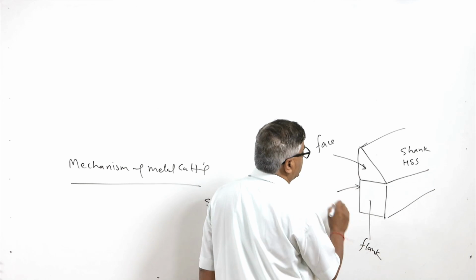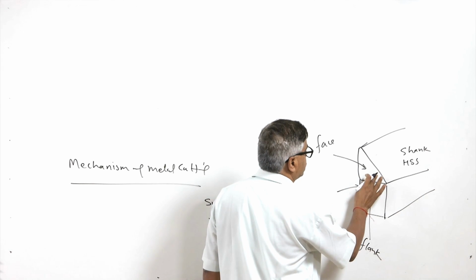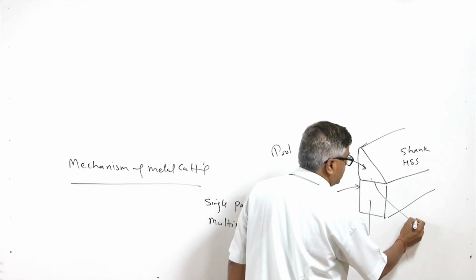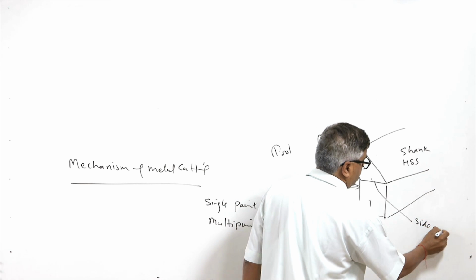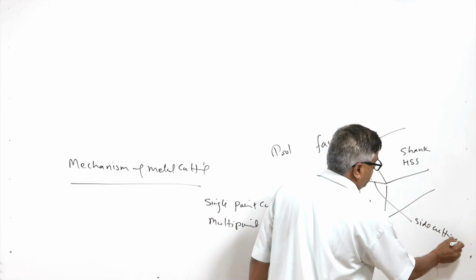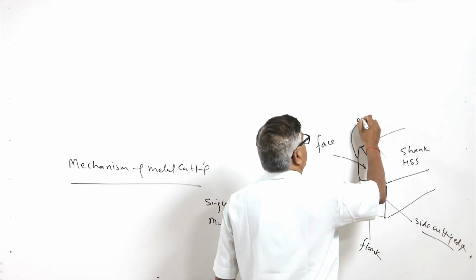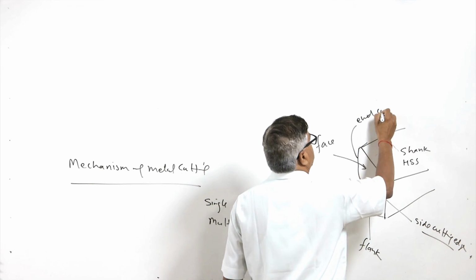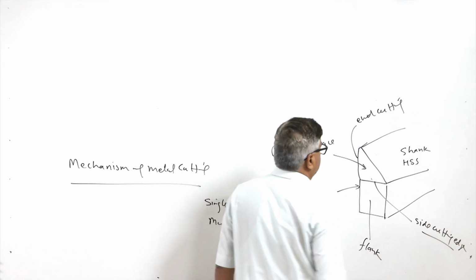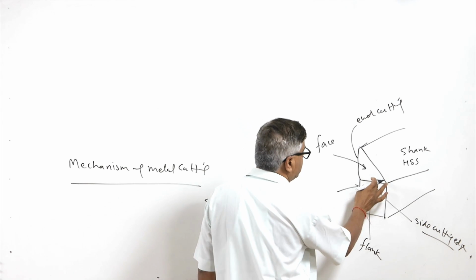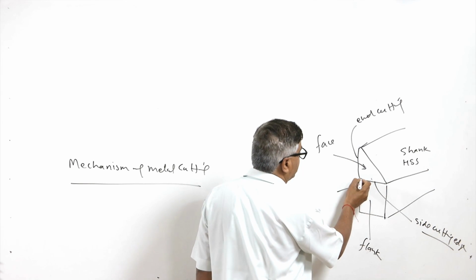And there are two cutting edges. This is called the side cutting edge, and this is the end cutting edge, and the side cutting edge and end cutting edge meet at this point.